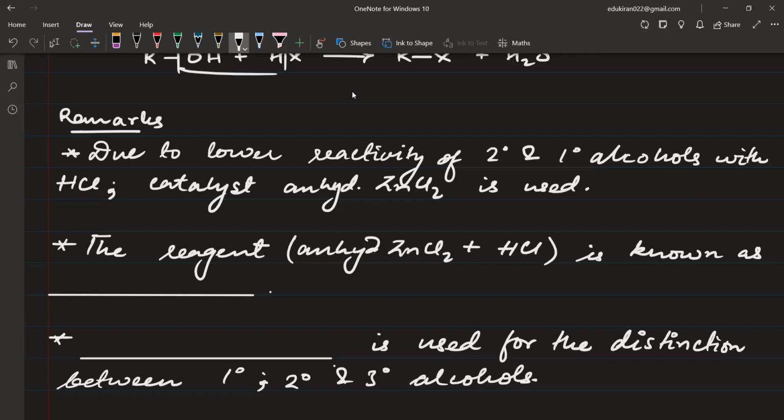Tell me, what is the name of this reagent? Lucas reagent. Yeah, who said this answer? Samia. Samia, very good. This is known as Lucas reagent.